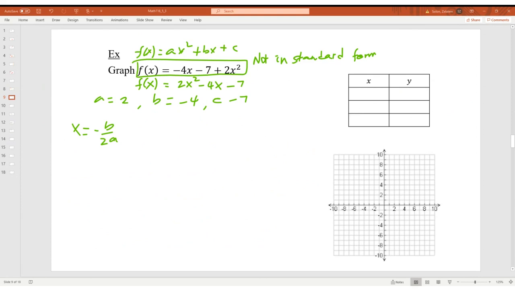Okay guys, what is x for the axis of symmetry, which is negative b over 2a? Just plug in b and a and evaluate the expression. That's all you have to do.